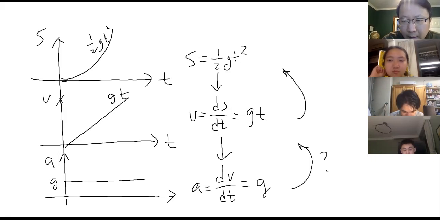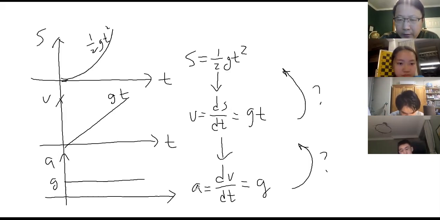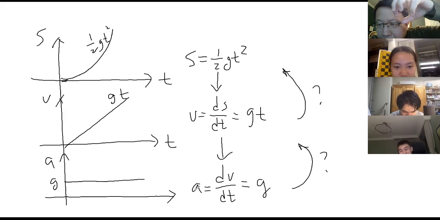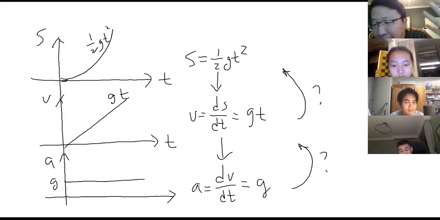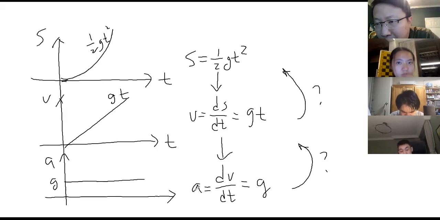In the real world, when I throw or release an apple or a tennis ball in free fall, I don't know this formula, 1/2 gt squared.